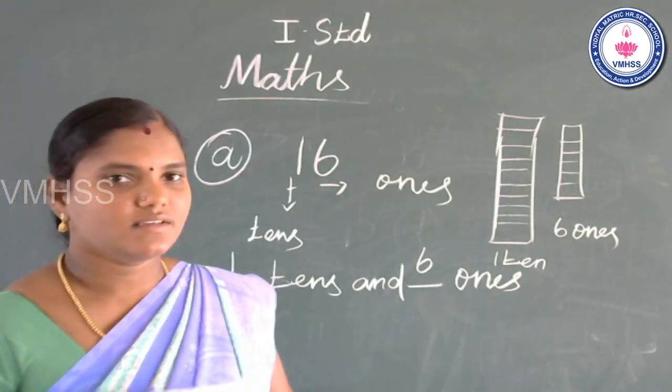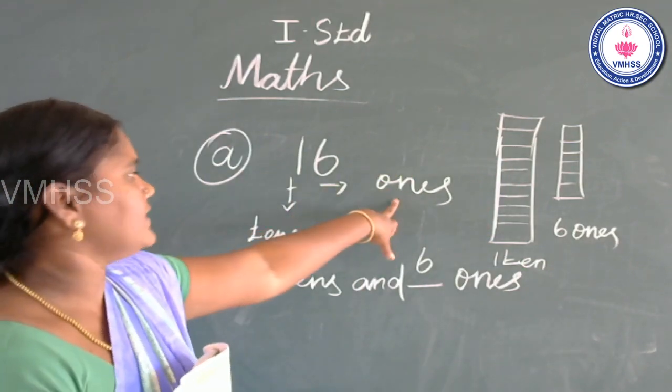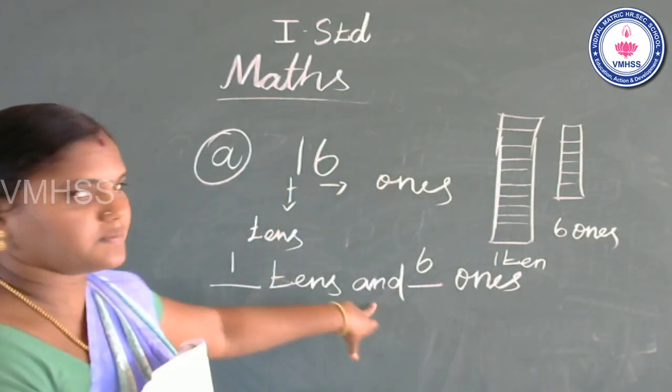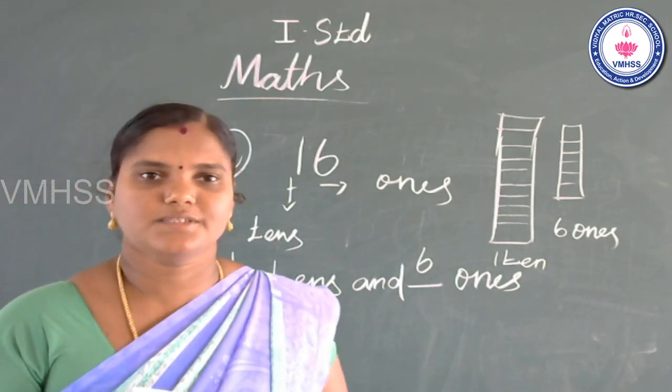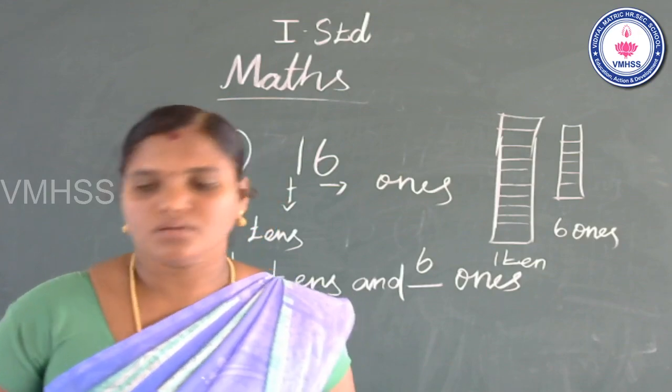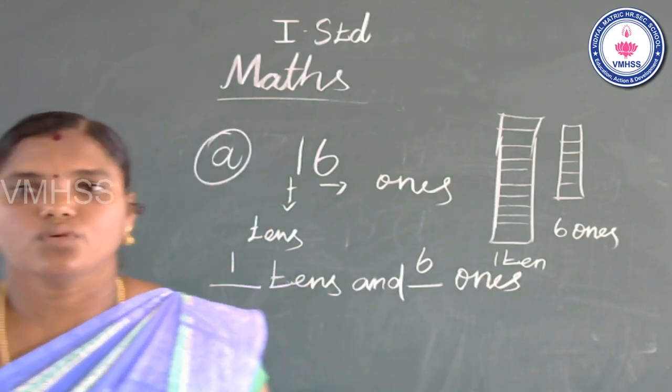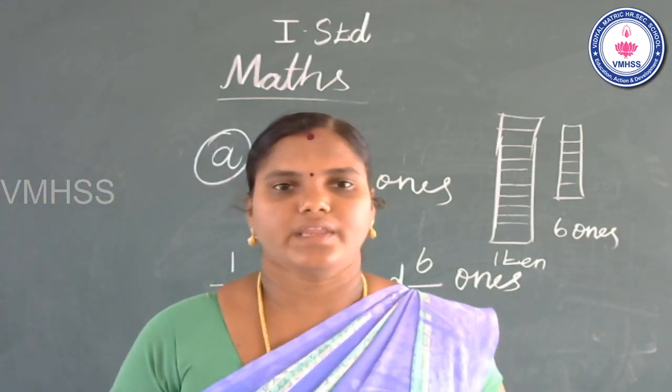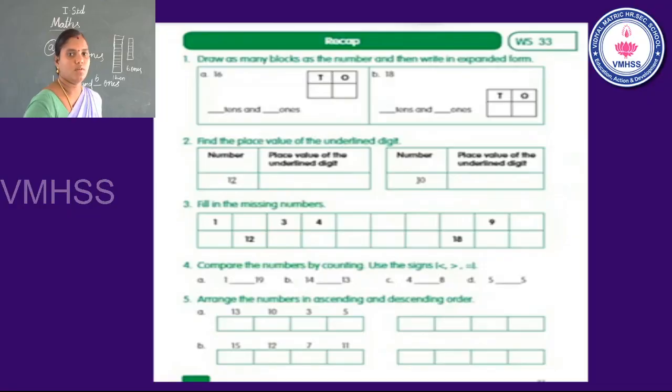It's clear? So, 6 is the ones place. 1 is the tens place. Okay. Let us go to B part. 18. Let us now look at the slide. B part 18. 18 is dash tens and dash ones.